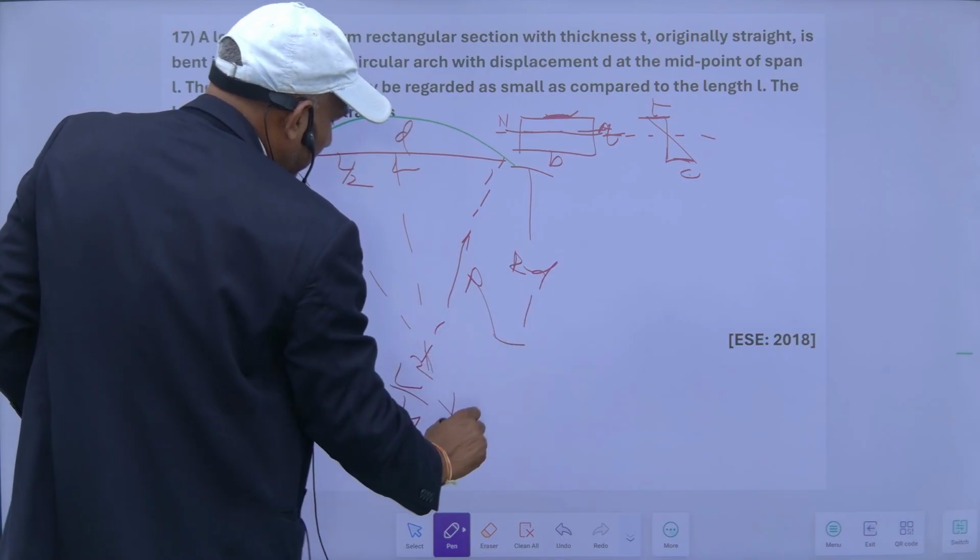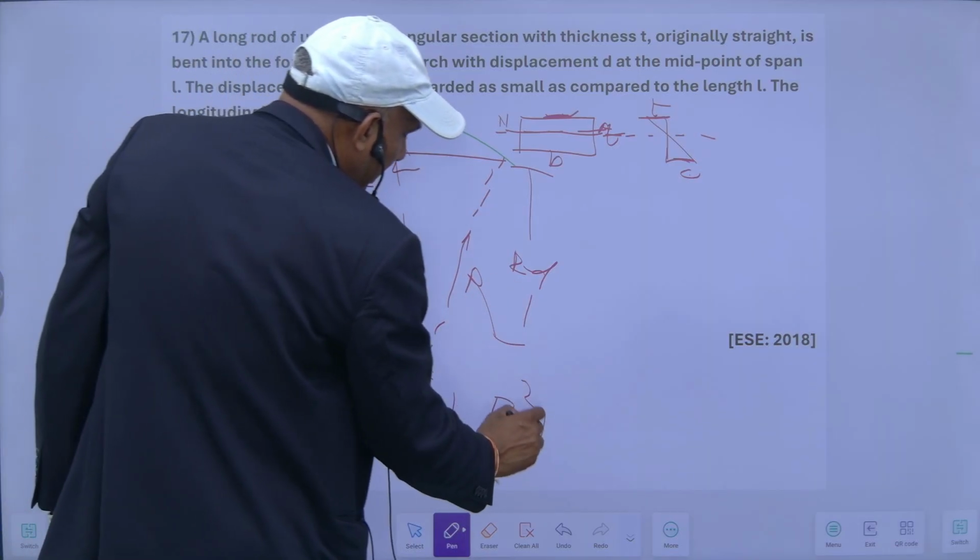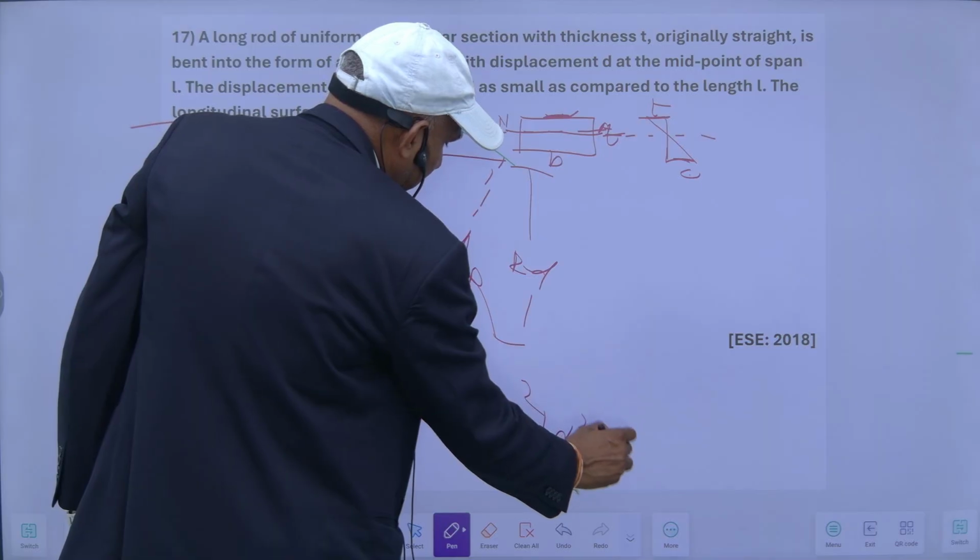So the square of R minus D will be R square plus D square minus 2RD.